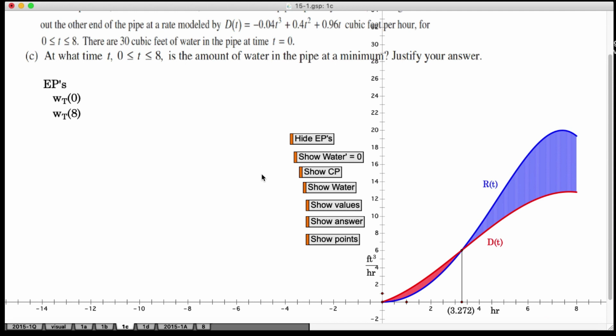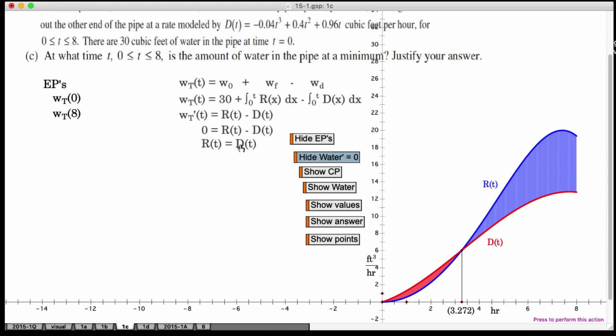Now the question is, how do we find our critical points? Well, if I want to find critical points of f, I'd find f prime and set it equal to 0. So if I want to find the critical points of water, I'd find water prime. And if you remember, we did this in part B, water prime would be equal to r of t minus d of t, and here I have to set it equal to 0 because that's how you find your critical points.